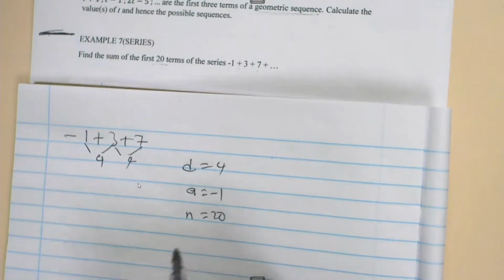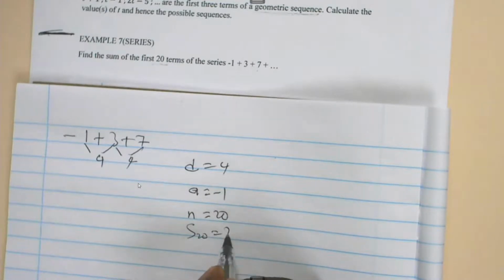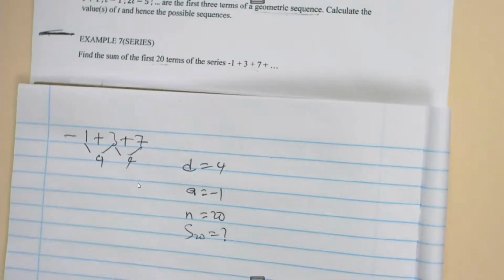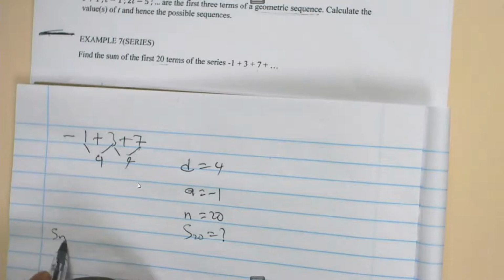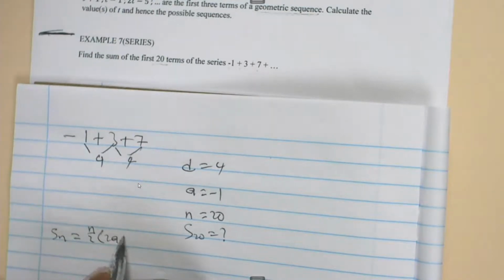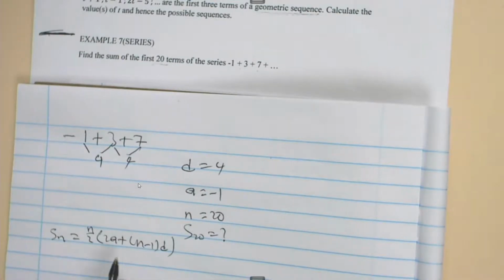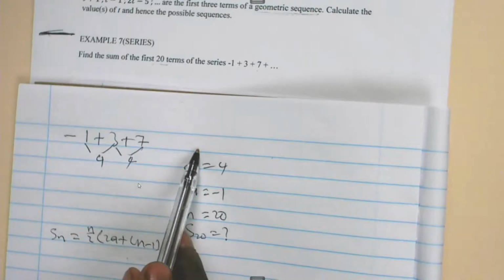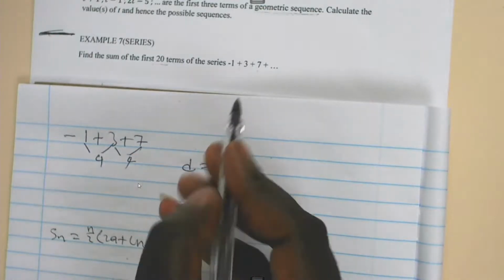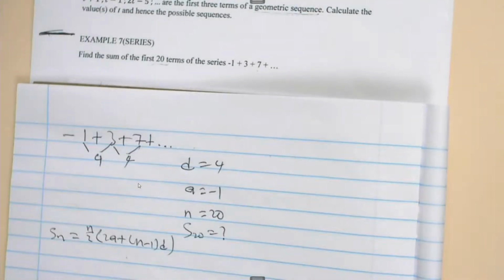And then we are looking for the sum, S20. The formula is Sn equals n over 2 into 2a plus n minus 1 by d. Why am I using this formula? Because we don't have the last term. This series continues, and we don't have the last term, so this formula becomes applicable.